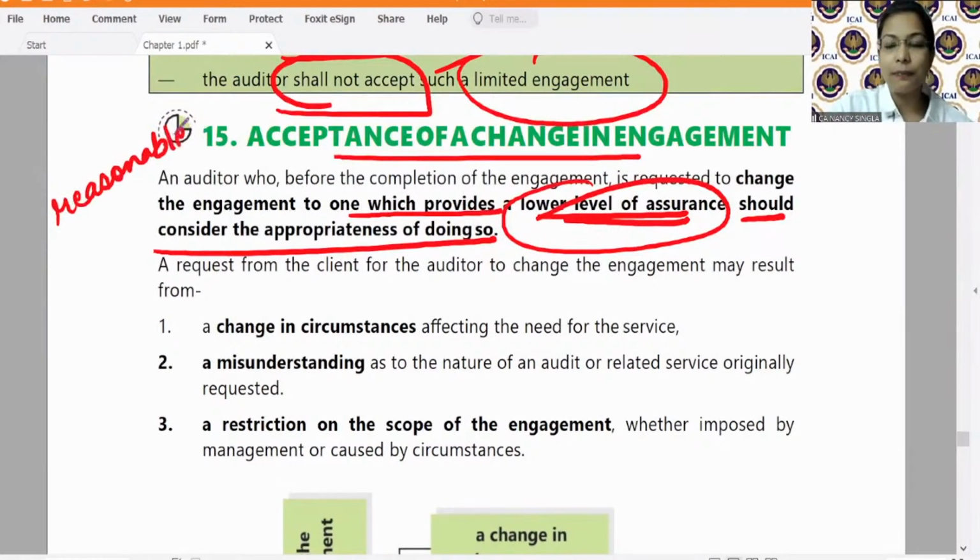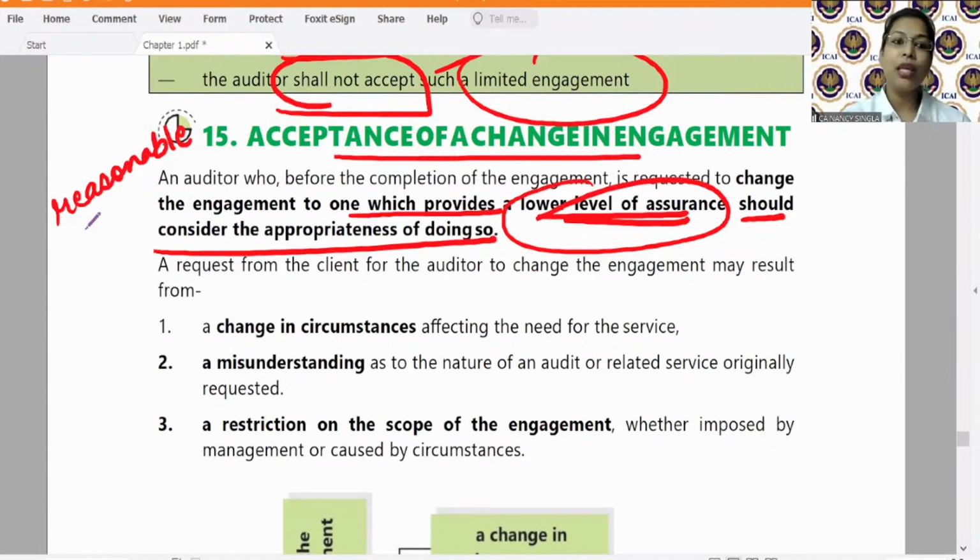Reasonable assurance. Now, let's say management is saying that auditor, listen, the area where the inventory was kept, now in that area you cannot go. Why? Because there is a weather forecast that it will be hit by tsunami. Now tell me, will you still go to check the inventory? Tell me, will you still go?